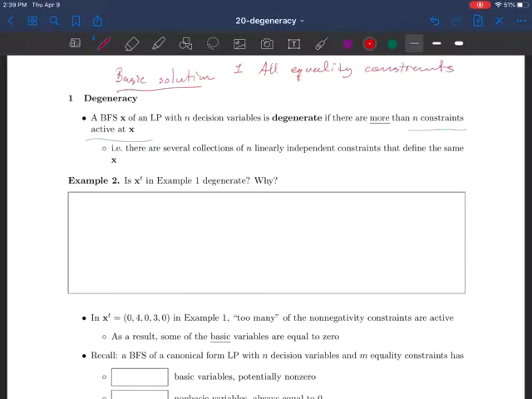The first part was all equality constraints are satisfied. And the second part was at least n constraints active and linearly independent.